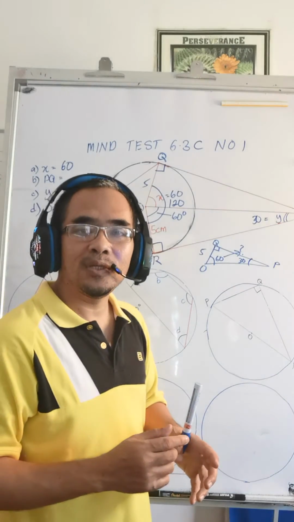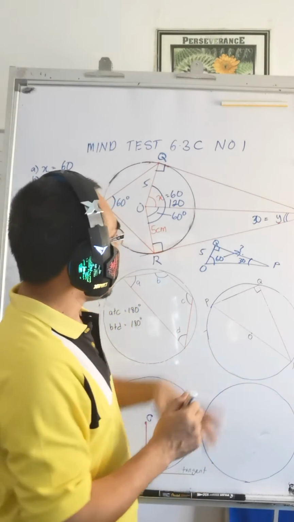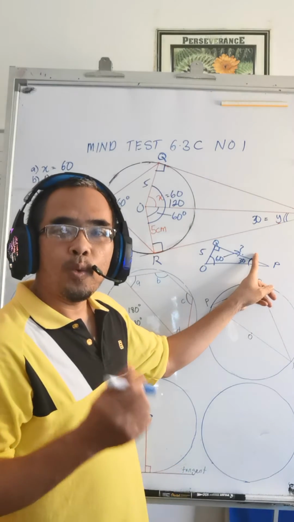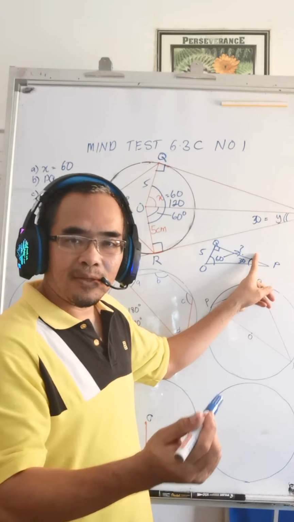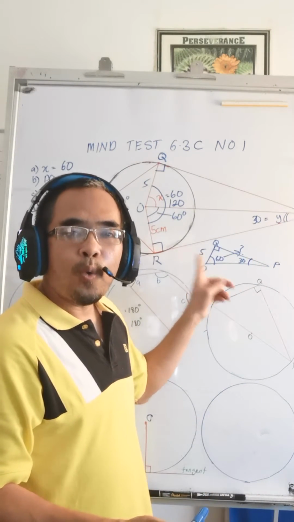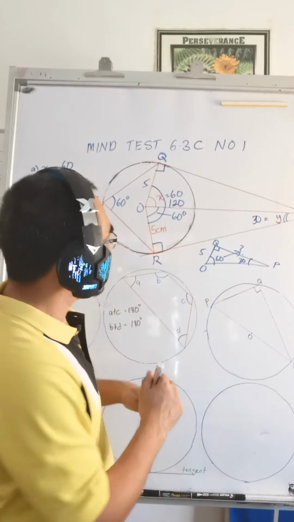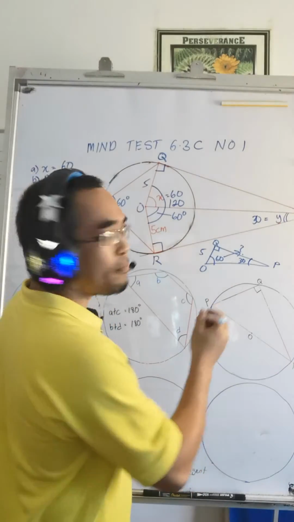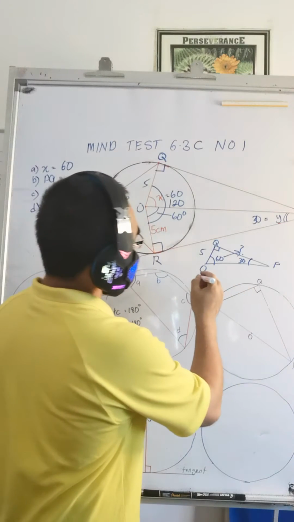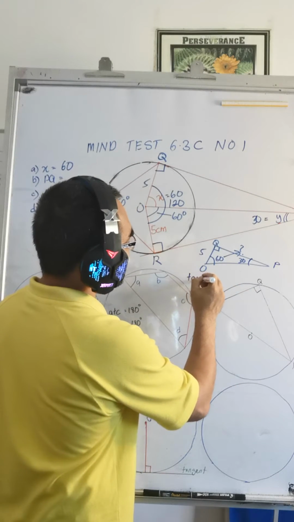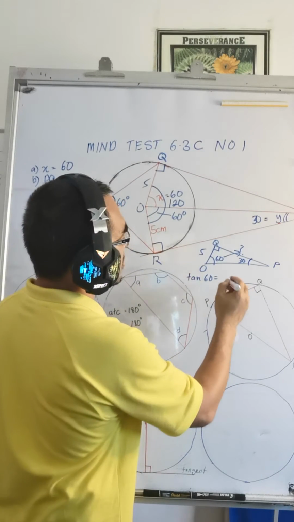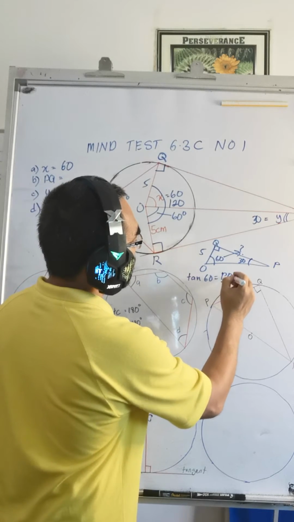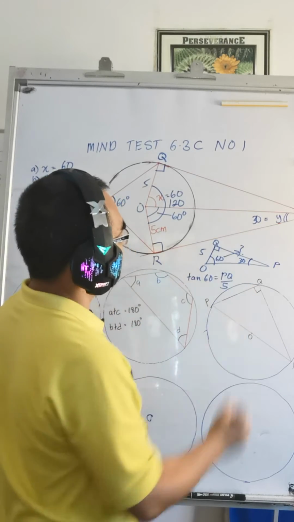I'm going to use tangent because I need to know the opposite and I know the adjacent. So tangent 60 equals PQ over 5.